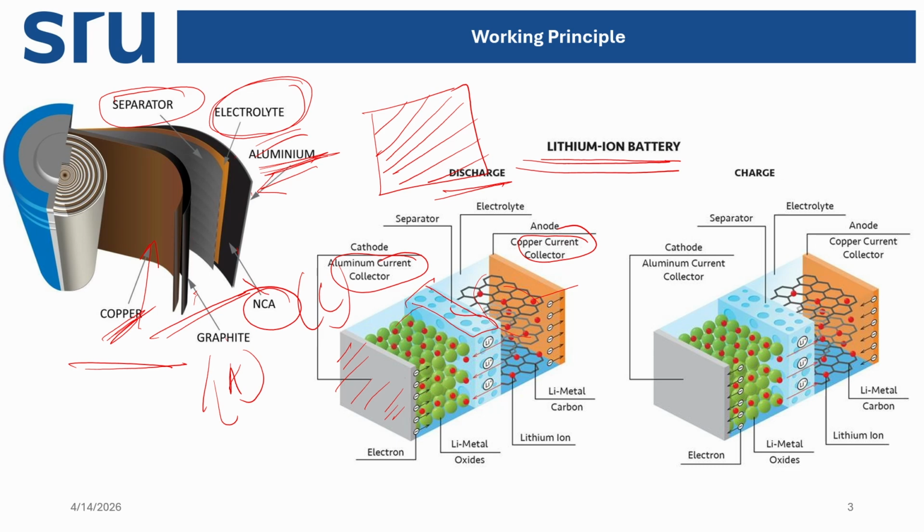When we discharge it, meaning when we are using the mobile or something, when we are consuming the power or energy, how is the reaction happening? When it is discharged, the cathode side, where the lithium metal oxide is, we make minus.